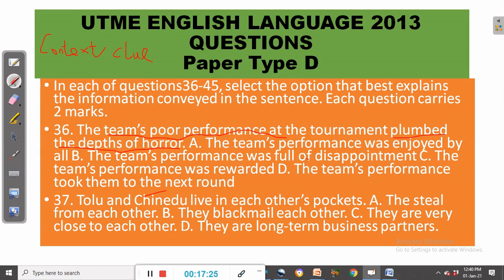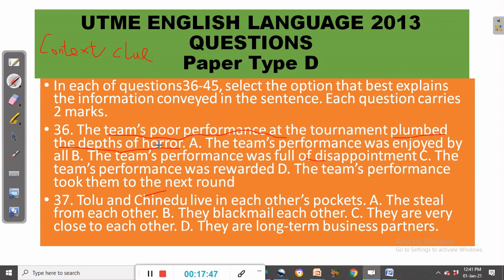B, the team's performance was full of disappointment. This actually is likely, even though we don't know the meaning of plumb the depths of horror. But we know also that horror is something negative. All right? So now we can figure out the meaning without actually knowing the exact meaning of plumb the depth of horror.